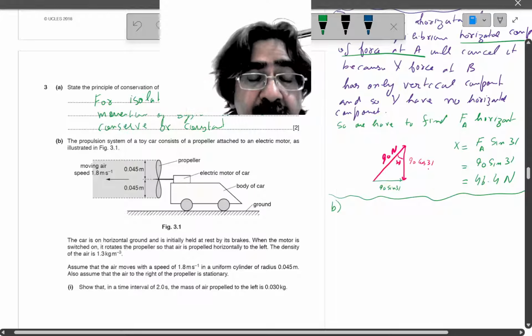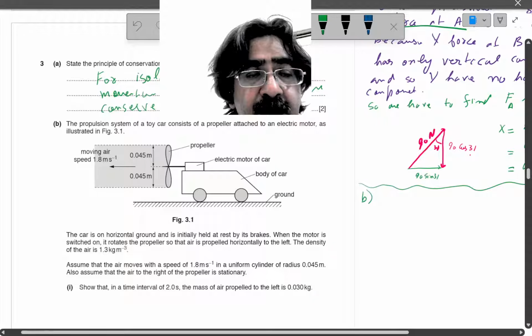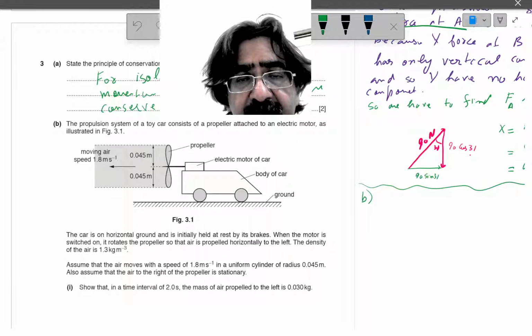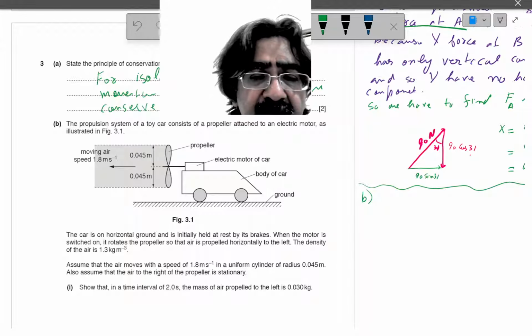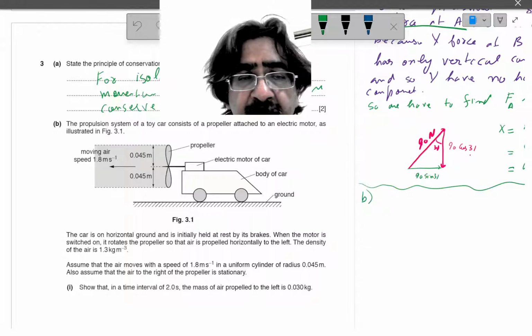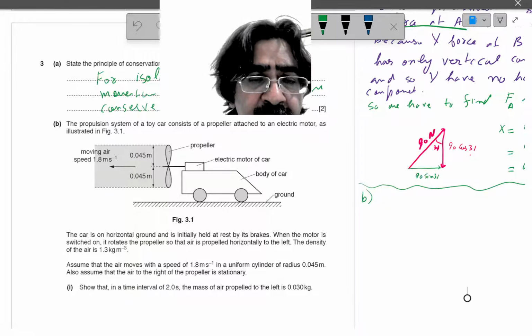The propulsion system of a toy car consists of fans attached to the electric motor, as shown in figure 3.1. Air speed is 1.8.